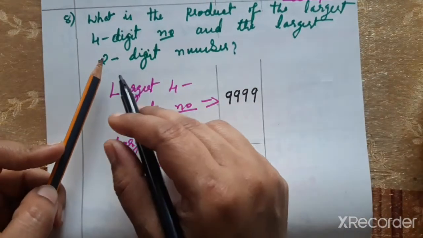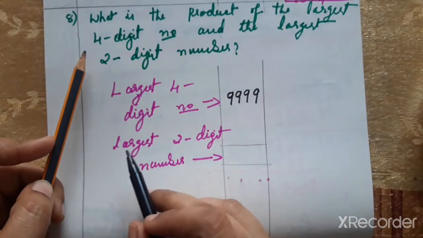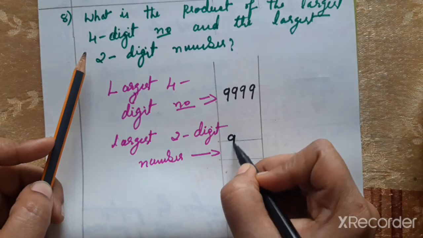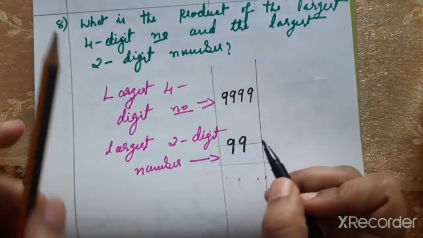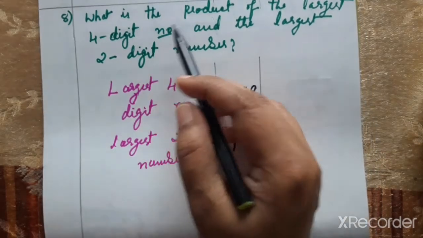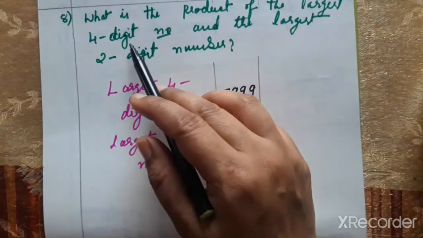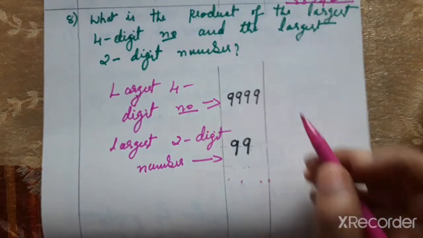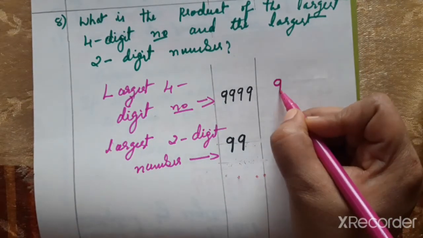And the largest 2 digit number means 2 times 9. So what is the question now? What is the product of the largest 4 digit number and the largest 2 digit number? Product means multiplication.